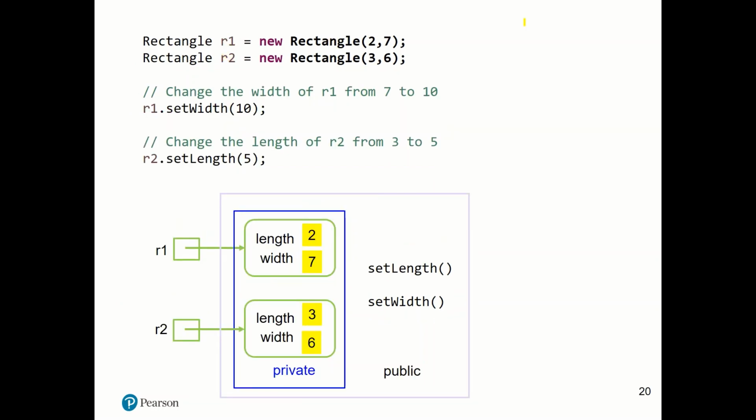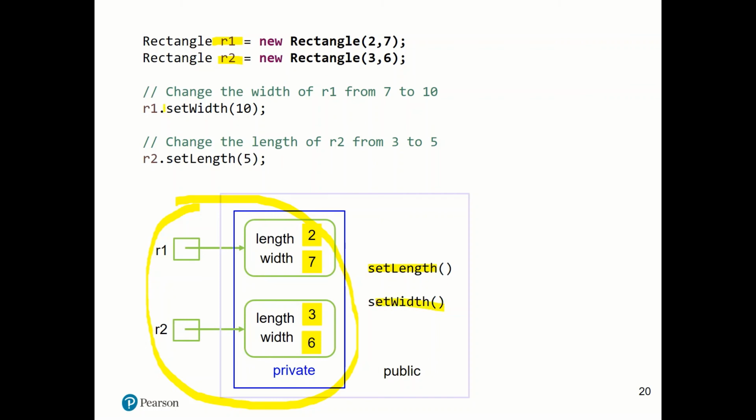This is an example of setters, mutators. At first make two objects, then the objects will be created like this. Length and width are private members, so we cannot access them directly. If we want to change the value of a private member, we use set methods, mutators, like this.